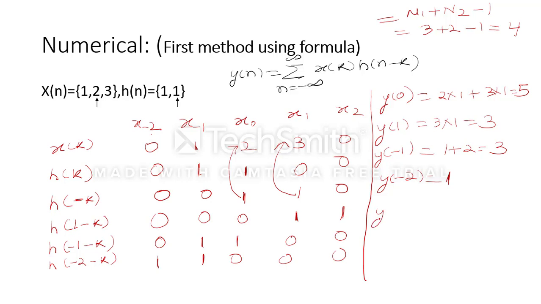So you can say that y(n) is nothing but these different values: at y0 it is 5, at 1 it is 3, at minus 1 its value is 3, and at minus 2 its value is 1. So this is the final answer.